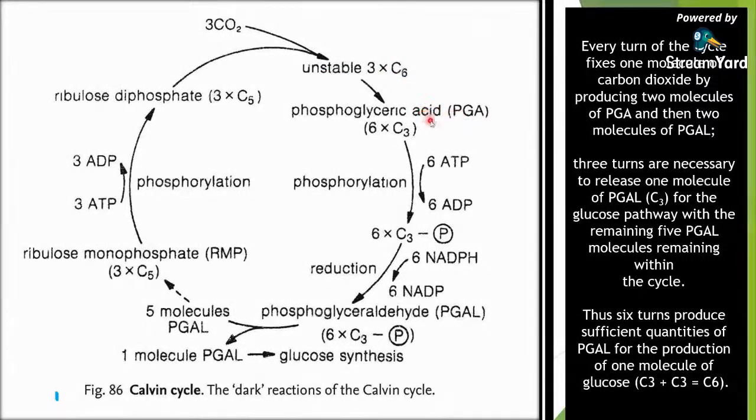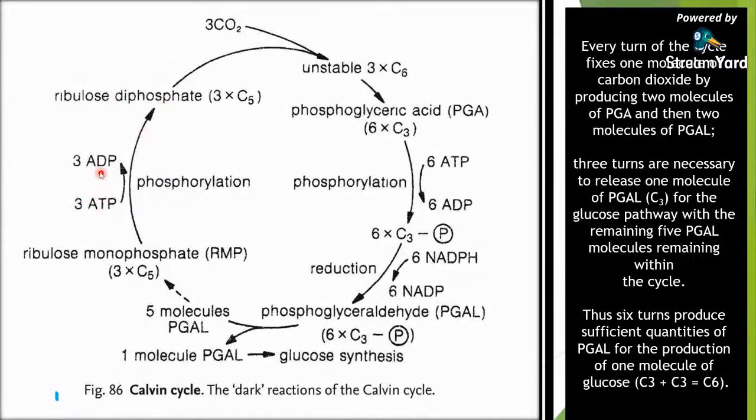From phosphoglyceric acid, it will undergo phosphorylation, where it will form the phosphate group with the use of ATP, and then that phosphate entity will undergo reduction and produce phosphoglyceraldehyde, and then one molecule of phosphoglyceraldehyde from 6 molecules will undergo glucose synthesis, and the remaining 5 molecules of phosphoglyceraldehyde will form ribulose monophosphate, and from the ribulose monophosphate they will again undergo phosphorylation and form the ribulose diphosphate.